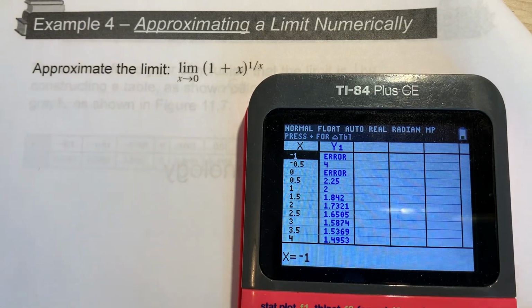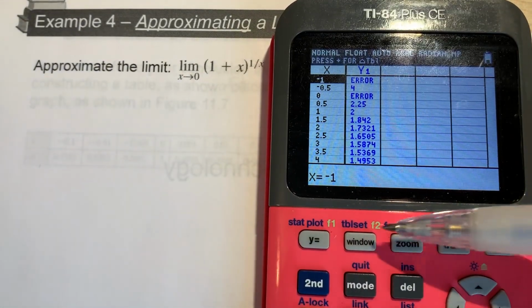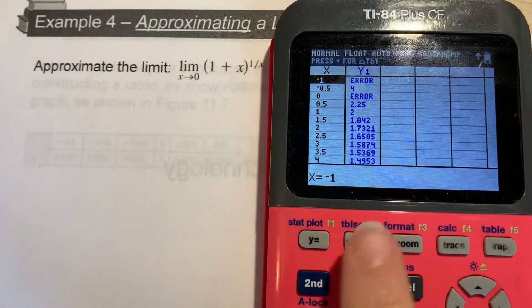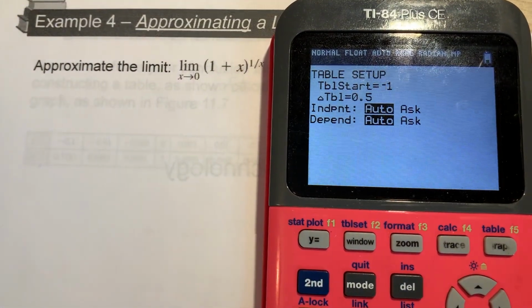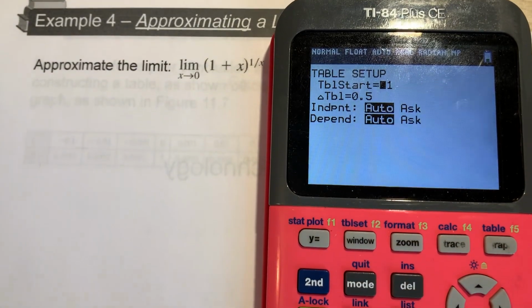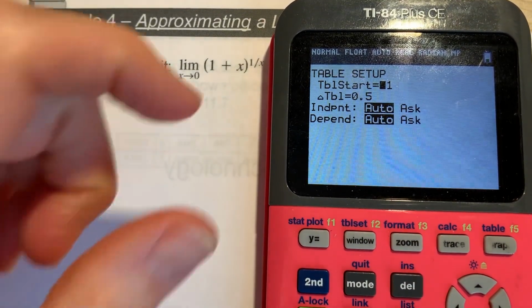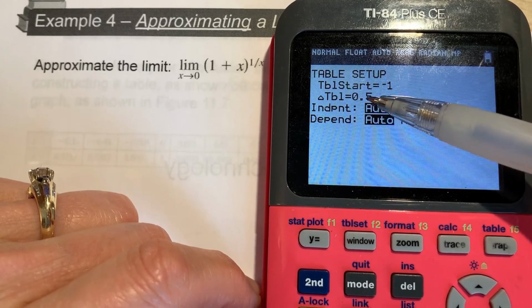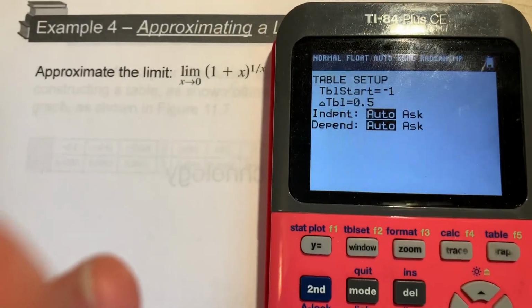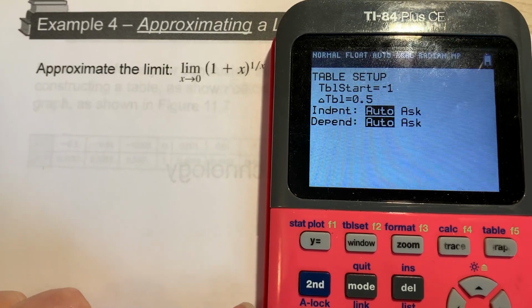To change your table to get smaller increments, go to table set, which is second window, and say you'd like your table to go up by smaller increments. This delta table says it's going up by a half.